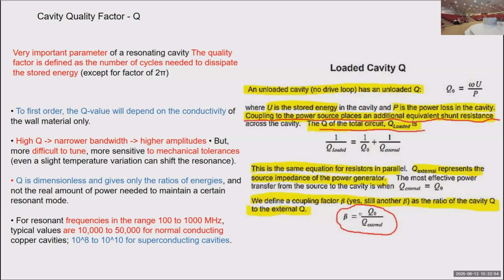And the beta that we are going to use is a coupling factor beta. It's different from the tangent beta and not related to phase. This is the most variable parameter in collections.